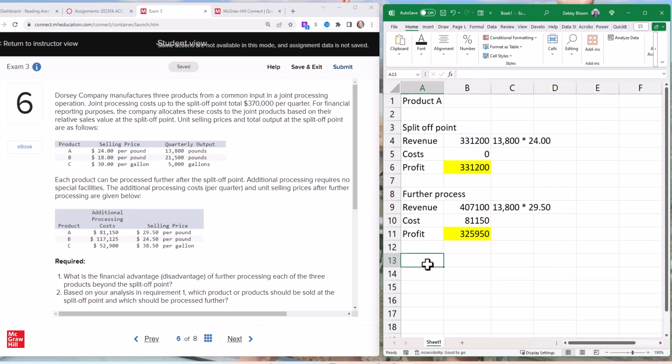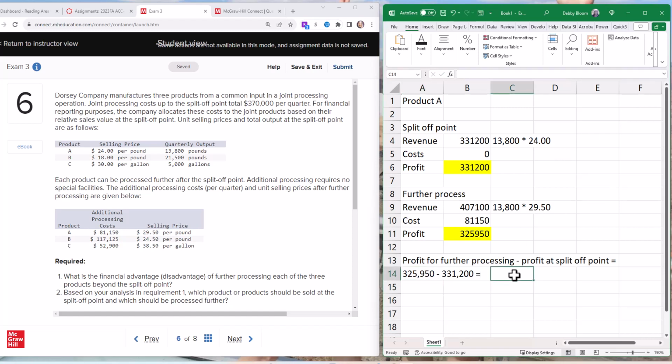To calculate that, we're going to take the further processing, subtract out the split-off point profit, so I'm just going to take 325,950, and subtract 331,200.